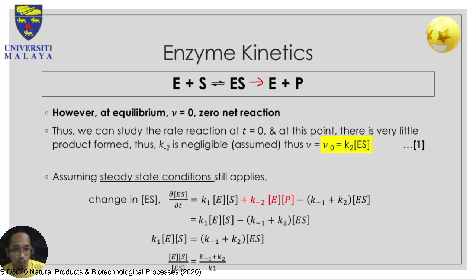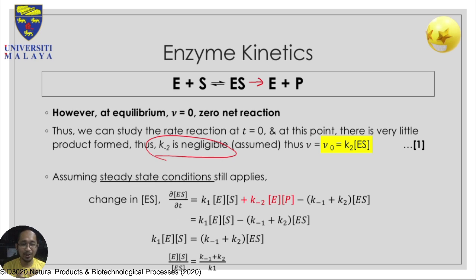So if that's the case, the K minus 2 that we showed previously is considered to be nullified, so K minus 2 is negligible. Again, in equilibrium the rate of reaction V is 0.